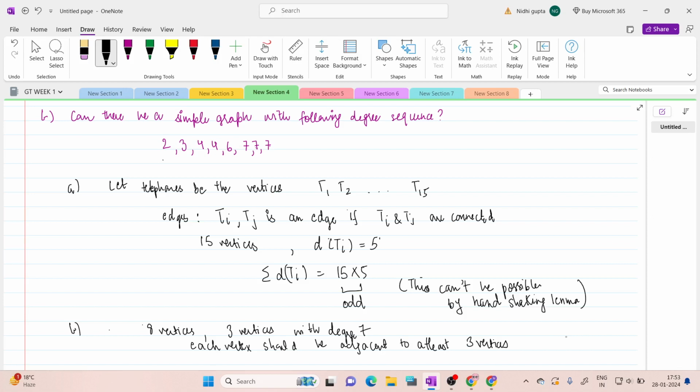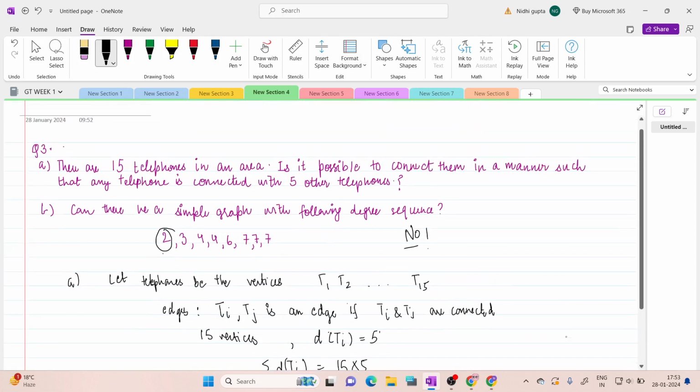But we have one which has just degree 2. So this is not possible. Therefore, we cannot have a simple graph with this degree sequence. Is question 3 also clear to everyone?